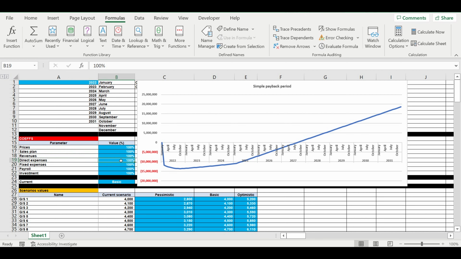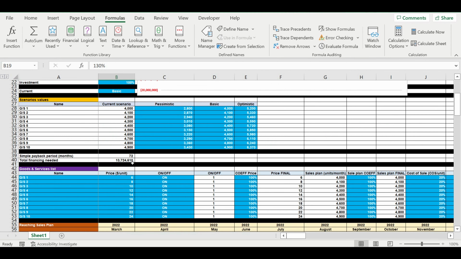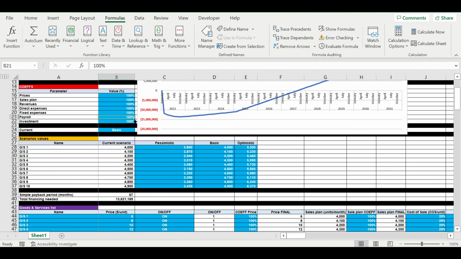For example, we can increase direct expenses and see what will happen to the payback period. We can see here the value of the payback period and how much money we need if we increase direct expenses, or if we increase the expenses on payroll.